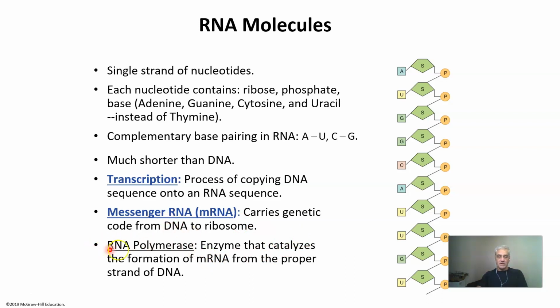What makes that? RNA polymerase makes messenger RNA. The DNA polymerase makes more DNA. RNA polymerase takes the DNA sequence and converts it into an RNA strand, and that's what's allowed to leave the nucleus.